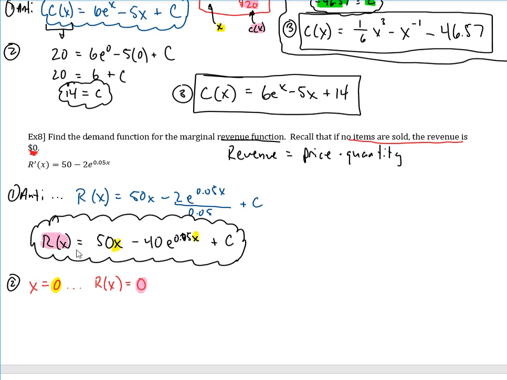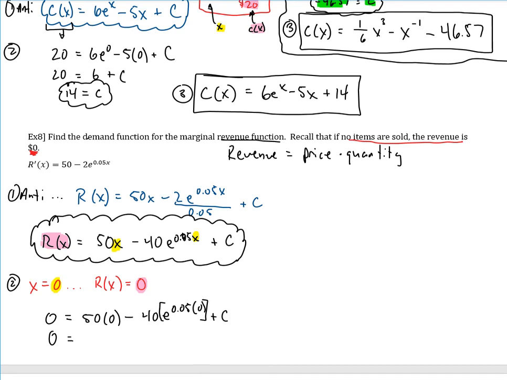Okay, so what this becomes is, all right, so we have r of x, the whole thing is 0, equals 50 times 0 minus 40 e to the 0.05 times 0 plus our constant. And then we'll start to solve. Well, I have 0 equals 50 times 0 is 0. This whole thing simplifies, so this is e to the 0 right here.